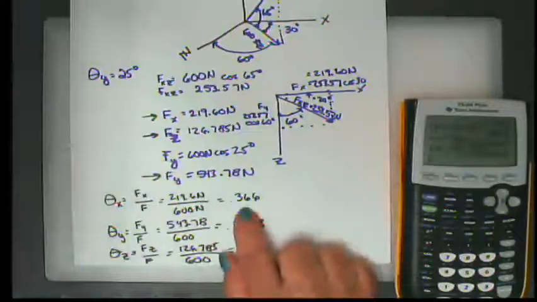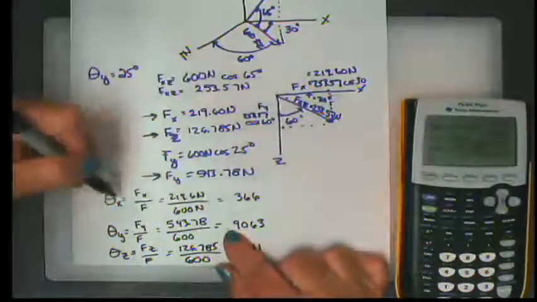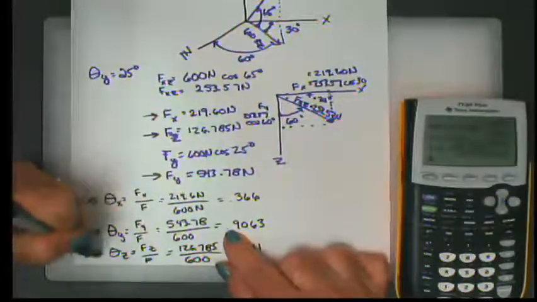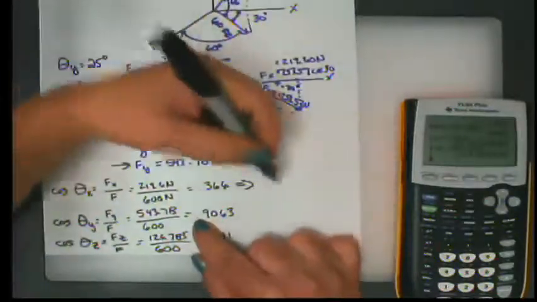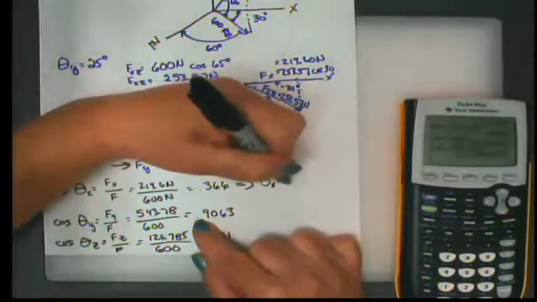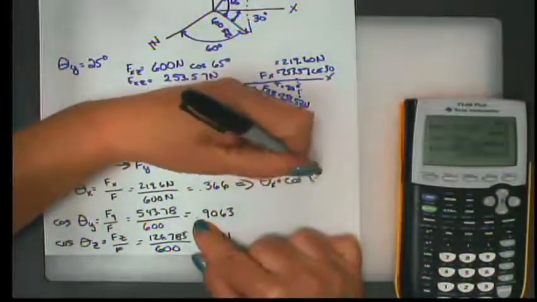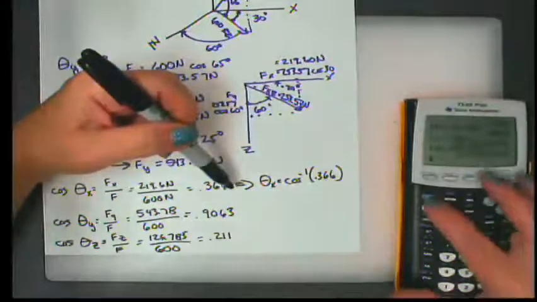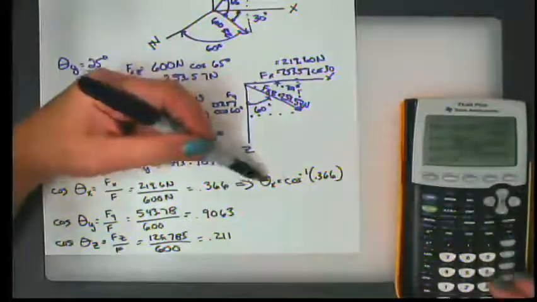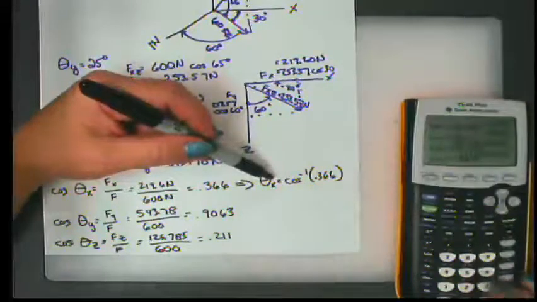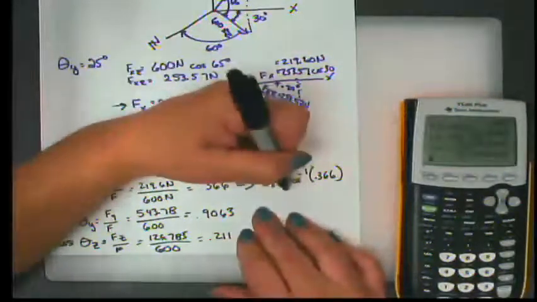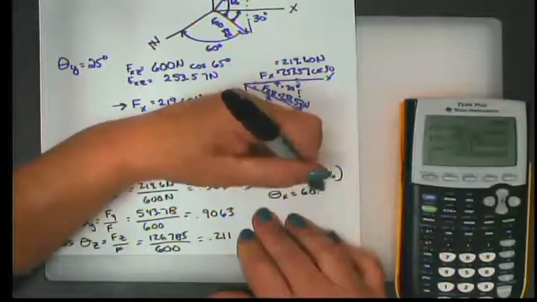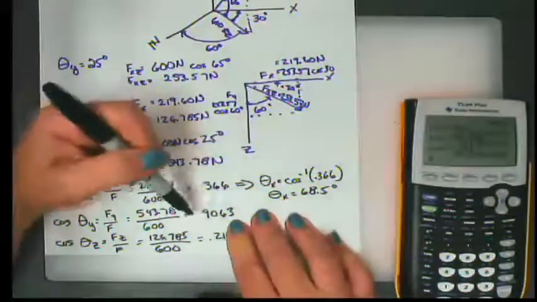Well, I have the cosines of these angles, so to find the angles themselves, I need to take the inverse cosine of each of those numbers. So theta x, the inverse cosine of 0.366, is theta x equals 68.5 degrees.